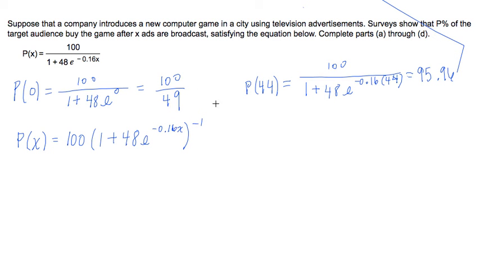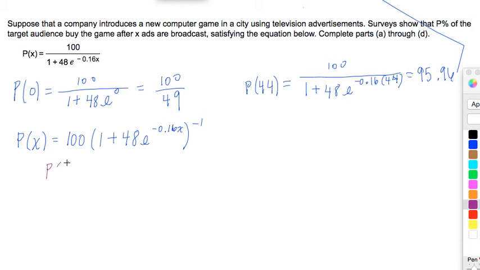Now I'm going to differentiate that. I need to use the chain rule. Bring the negative 1 down, so negative 100, times 1 plus 48 times e to the inside function, all to the minus 2, times the derivative of the entire inside function.